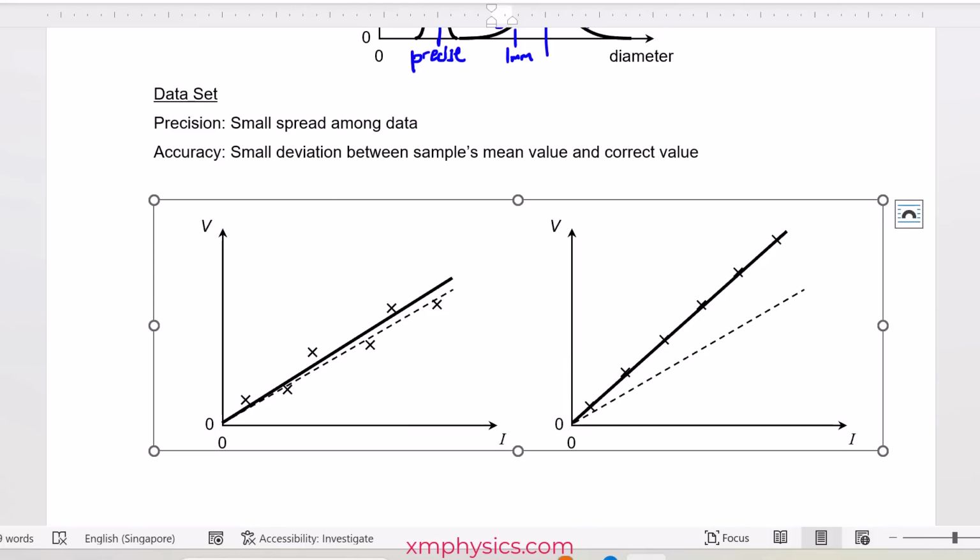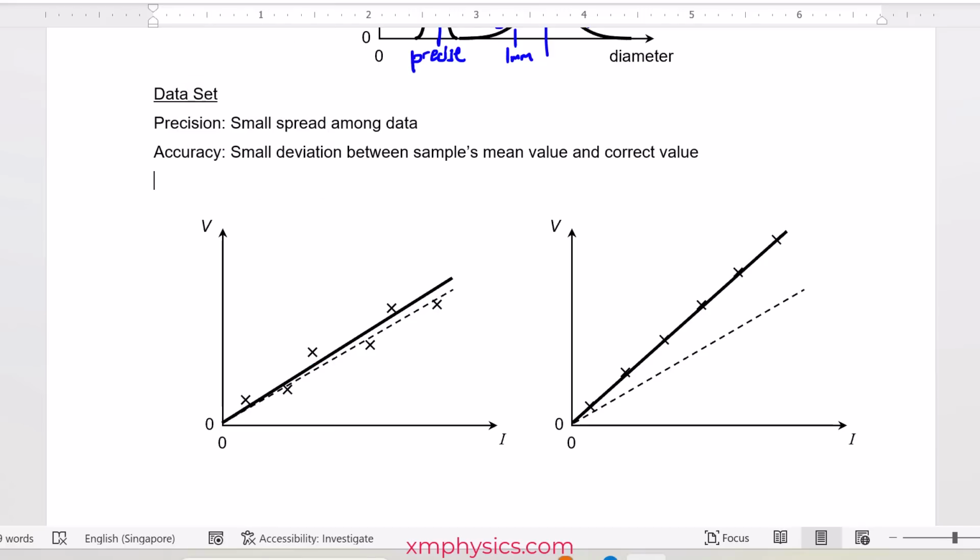The gradient of the line is supposed to tell us the resistance of the wire. Let's say this is student A and this is student B. Which student has a more precise experiment?